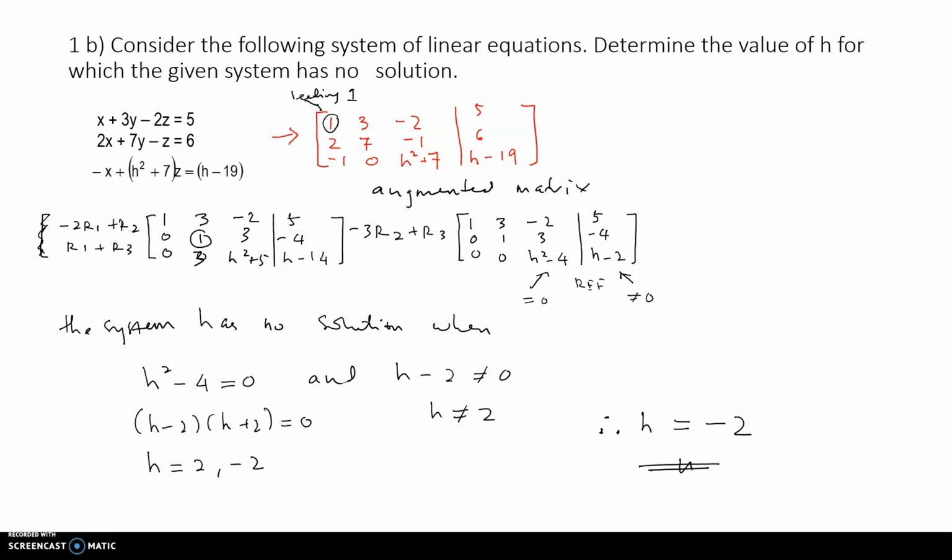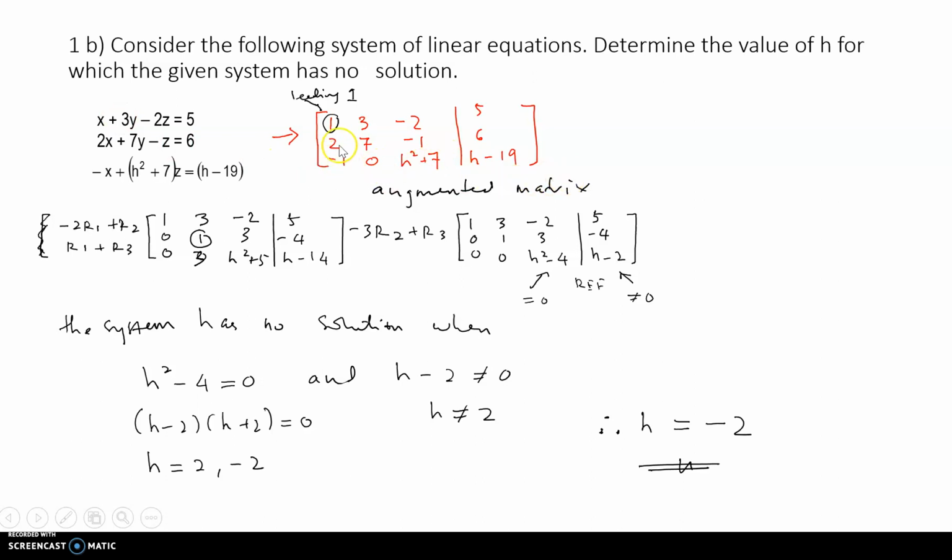Okay, 1B, consider the following system of linear equations. Determine the value of H for which the given system has no solution. So you want to find the value of H so that the system has no solution. So here are the steps. Firstly, you have to transform the given system into an augmented matrix.